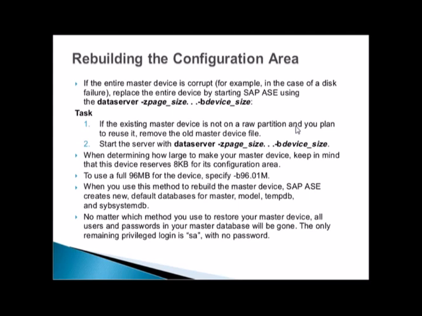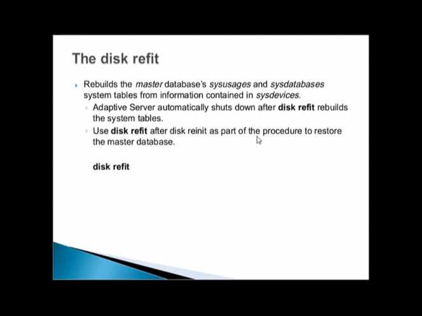The only remaining privileged login is sa with no password. So you will be able to log in with sa and you have to create all the users. This is the negative side of it: all the users and everything will be gone.